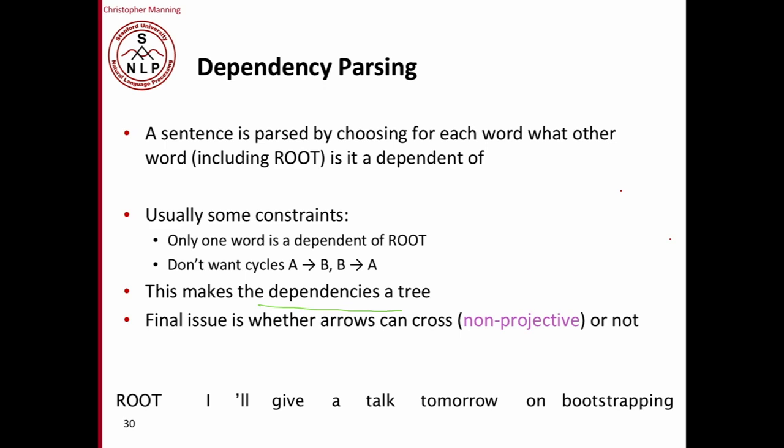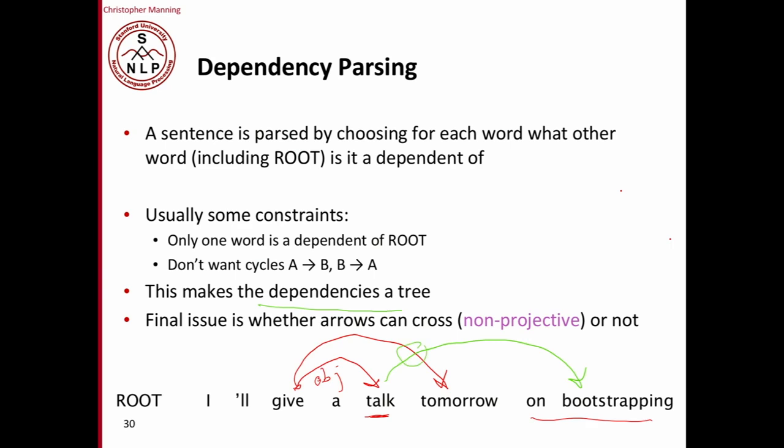"I'll give a talk tomorrow on bootstrapping." So we're giving a talk, that's the object, and when it's being given is tomorrow. But this talk has a modifier, "on bootstrapping". So we actually have another dependency here that crosses that dependency.